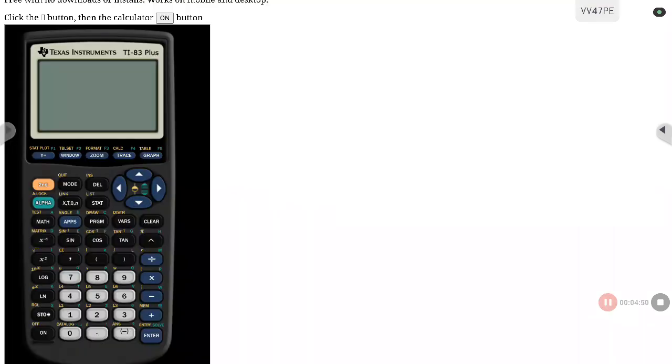I'll put exactly what I had in the calculator. So I need to have open parentheses, 3, close, and I'll raise that to the 3rd power, minus 8, open parentheses 3, close, plus 13, open parentheses 3, close, plus 8.